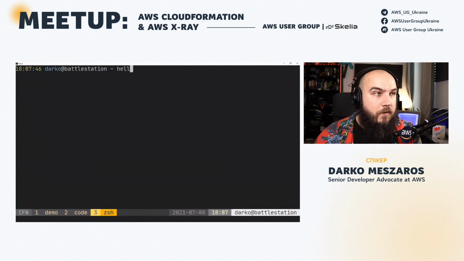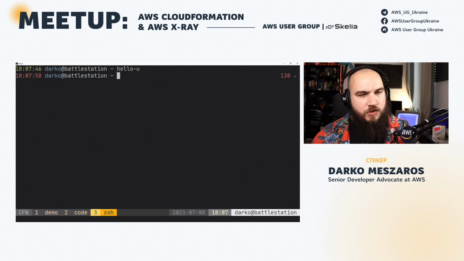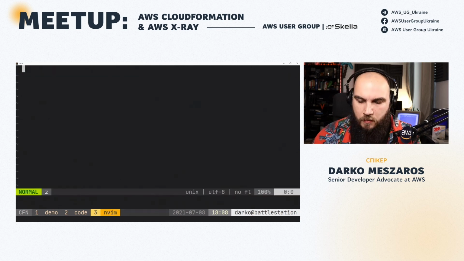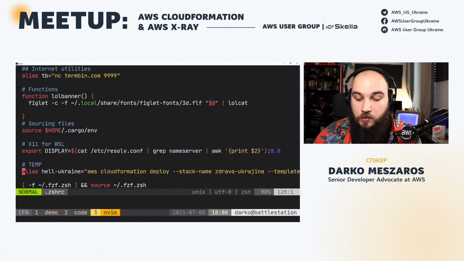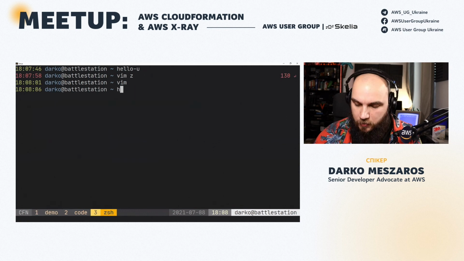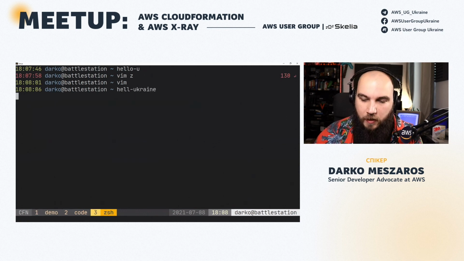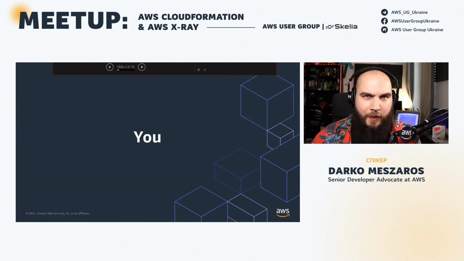Hello, Kiev, right? No, hello, Ukraine? Wait, give me a moment. Changing ZSH files is hello Ukraine. Hell Ukraine. Oh my God, I'm sorry. All right, so let's leave that in, and I'm gonna come back to that later on.